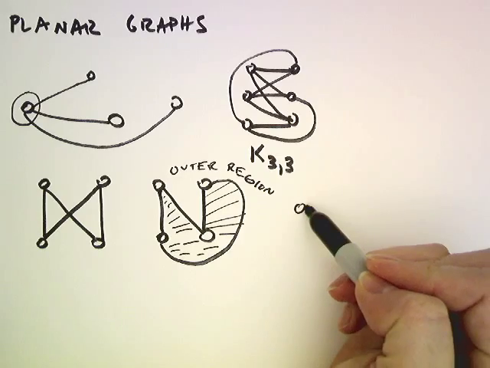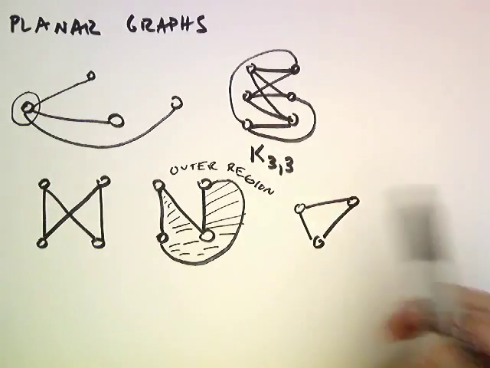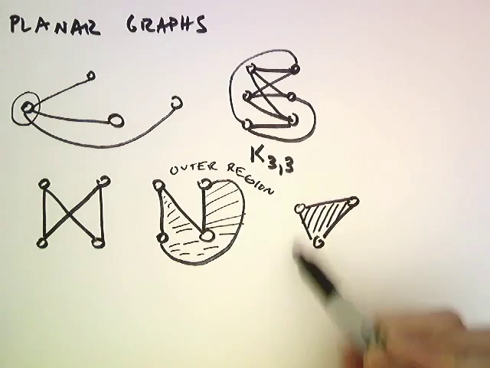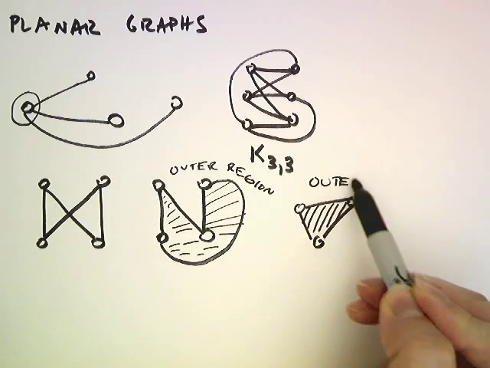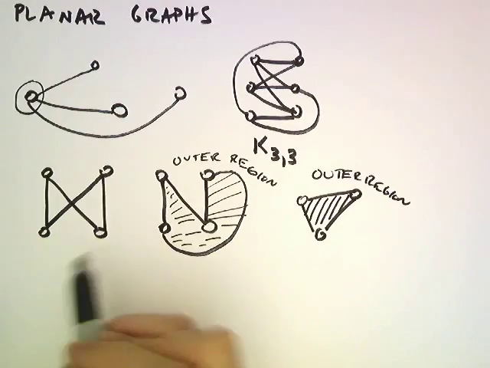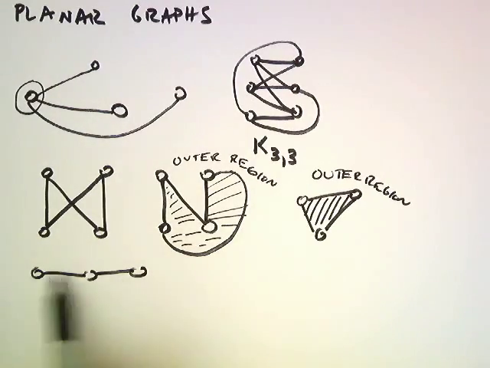Let's see. I have some other planar graph. Again, there are 2 regions. There's this inner region, and then there's the outer region. Here's an even simpler planar graph, just these 3 vertices and these 2 edges. In this case, there's just one region.